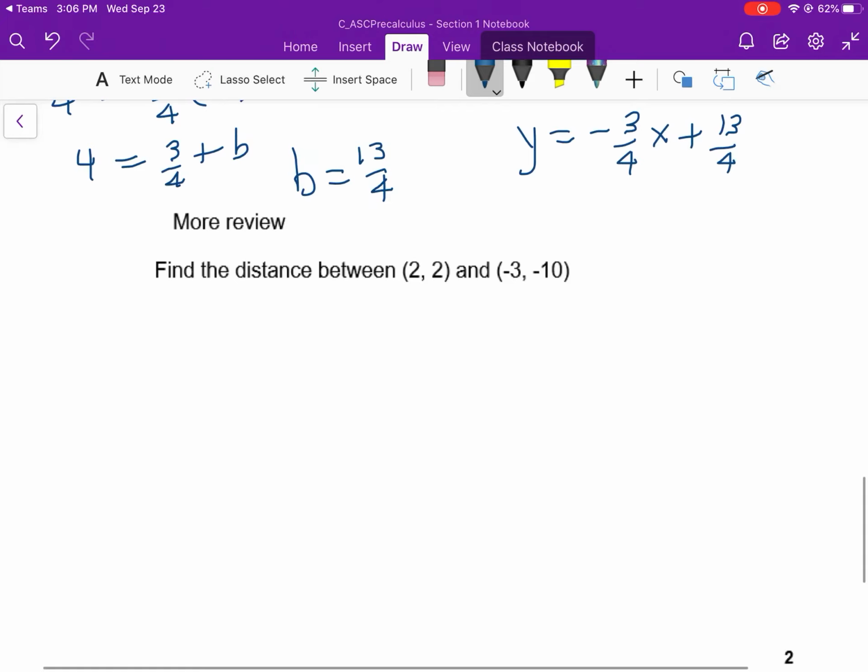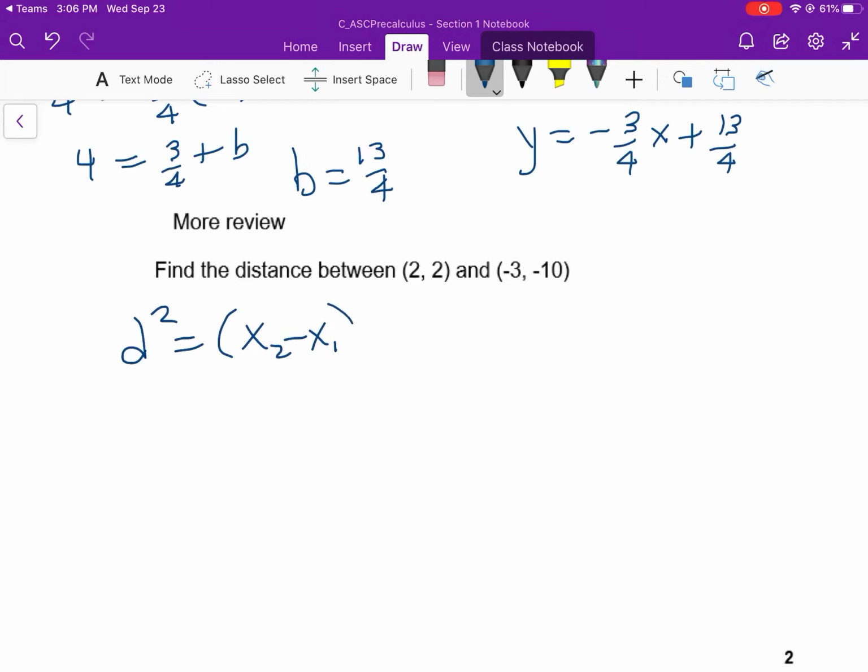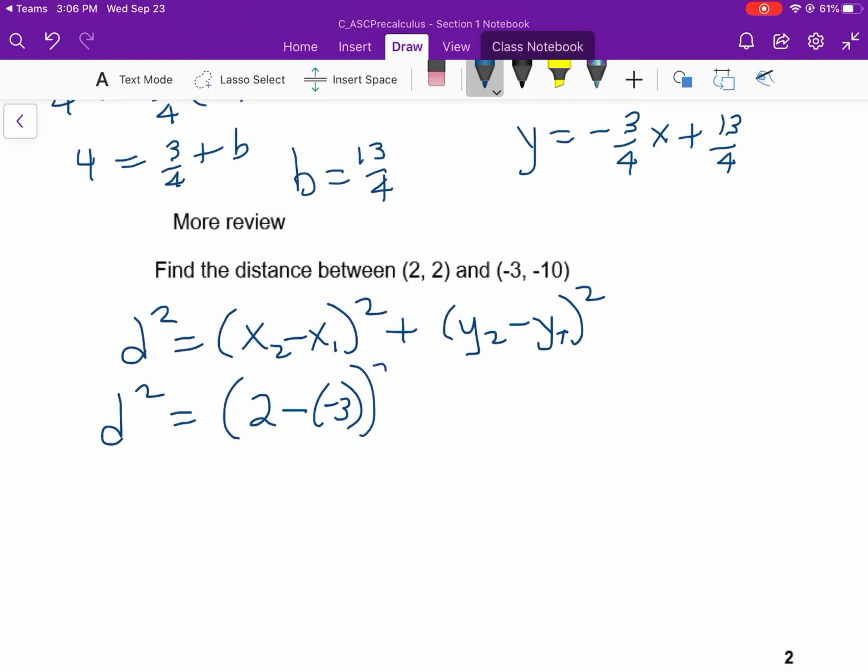All right, and then the distance, quick. Remember, the distance squared is equal to the difference of the x's squared plus the difference of the y's squared, okay? So distance squared equals, I'm going to say 2 minus negative 3 squared plus 2 minus negative 10 squared.